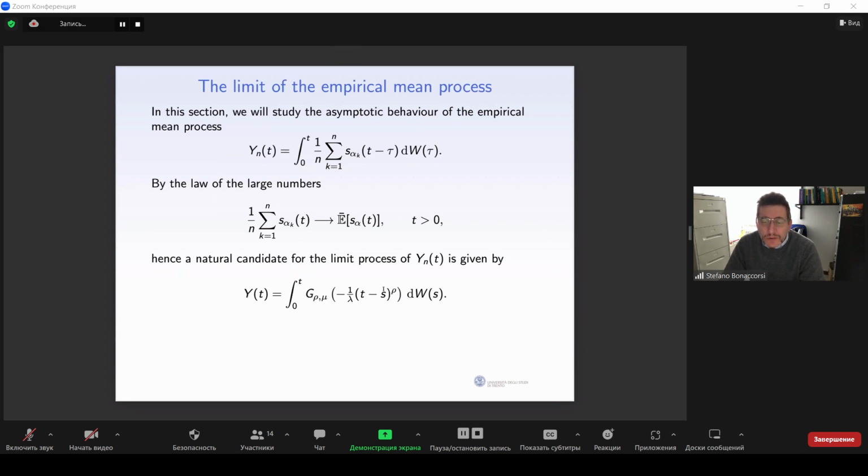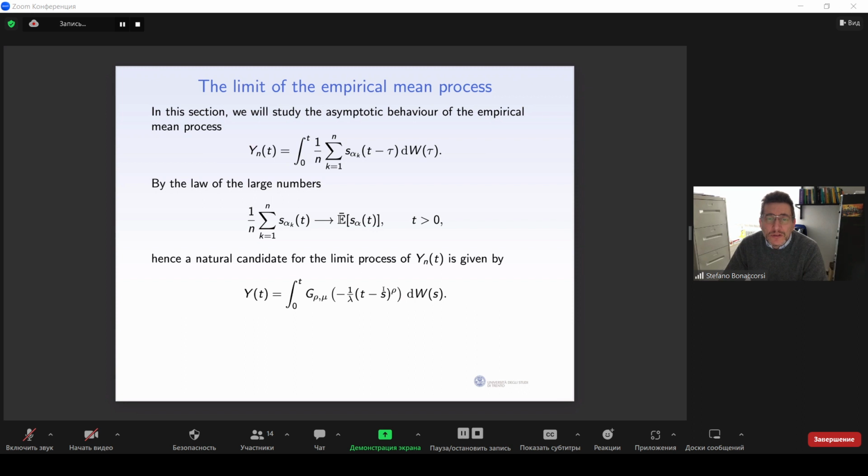What is more interesting is to study the limit of the empirical mean processes. So let's define Y_n(t) in this way. Notice that, in principle, I should write 1 over n times the series of the integrals. Since n is finite, this is a finite sum, and so I can take the sum inside.